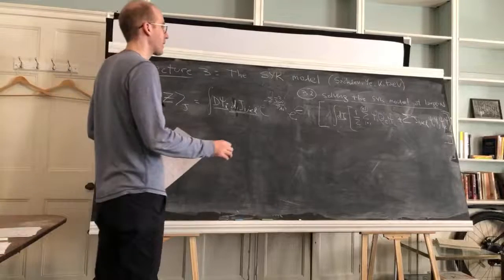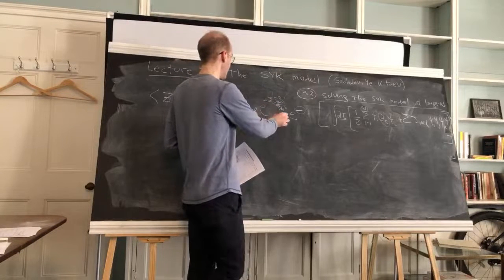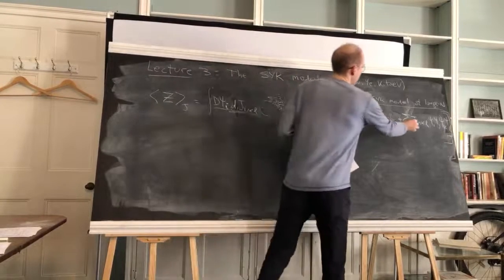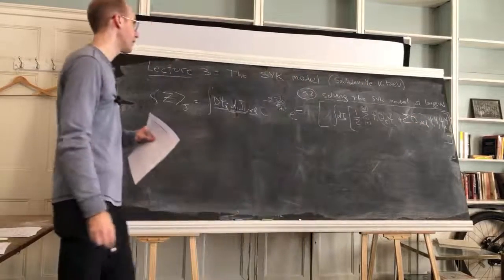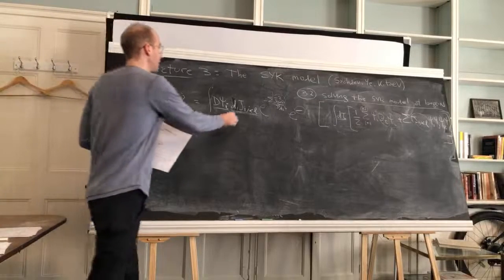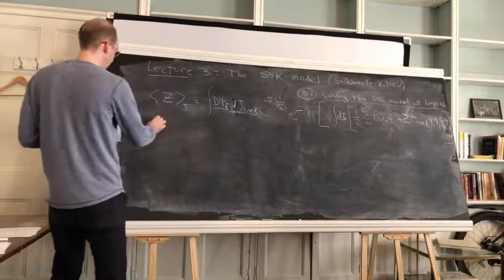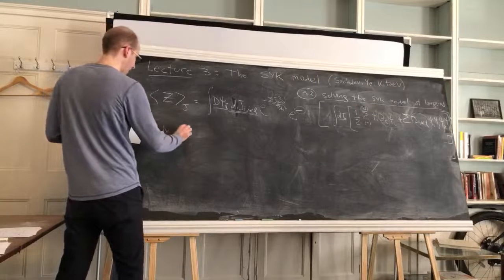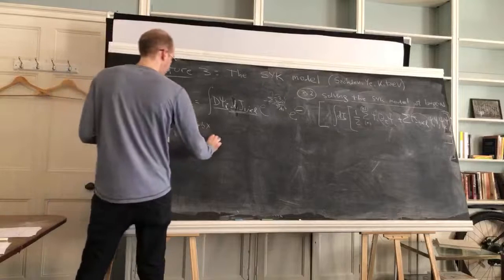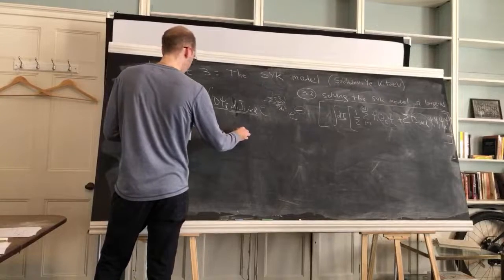Okay, so the key observation is that we are taking these J_ijkl from this Gaussian distribution, and so J_ijkl only appears quadratically in all this sum. So it's an exponential of something that is up to quadratic order, and so we can do this J_ijkl integral. Basically, we know that the integral of e to the minus a x squared plus b x is root pi over a times e to the b squared over 4a.